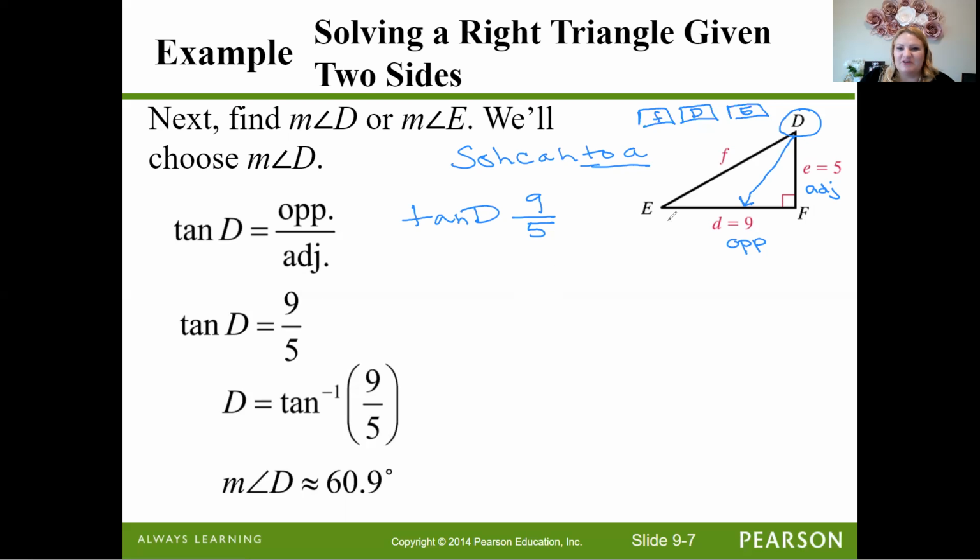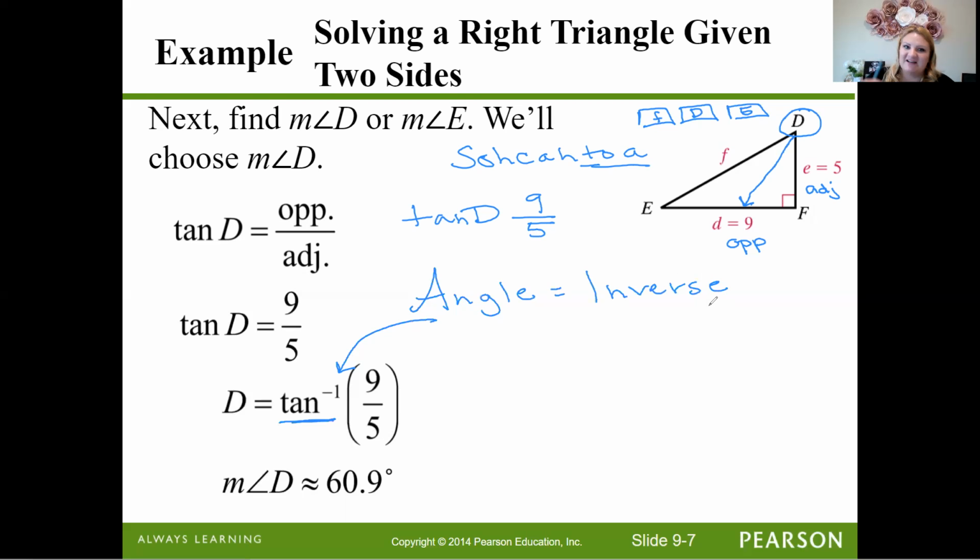Well, since we are looking for an angle, we want to use the inverse property. So you can put the tangent inverse of 9/5 to calculate the angle measurement. So angle equals inverse.